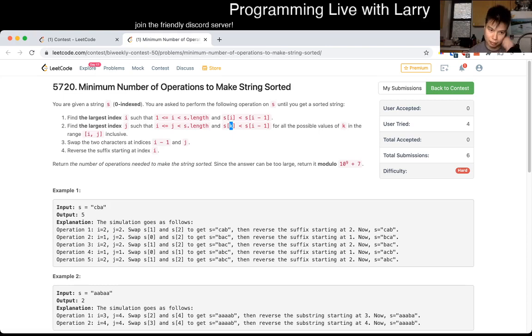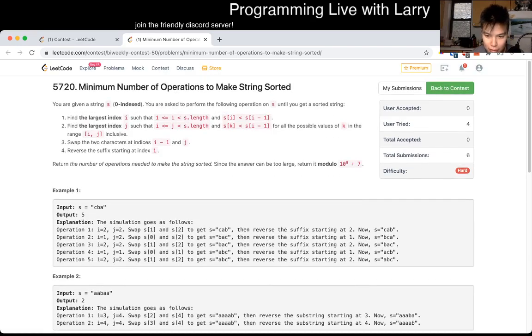Swap I minus 1 and J, okay. Reverse that string. I know this one's impossible to read, let alone solve.